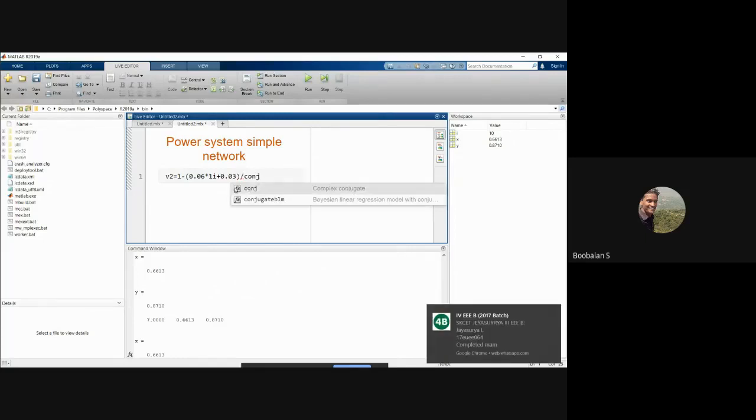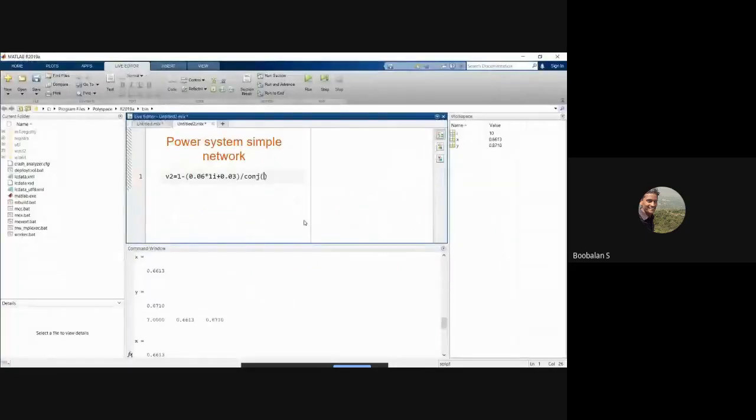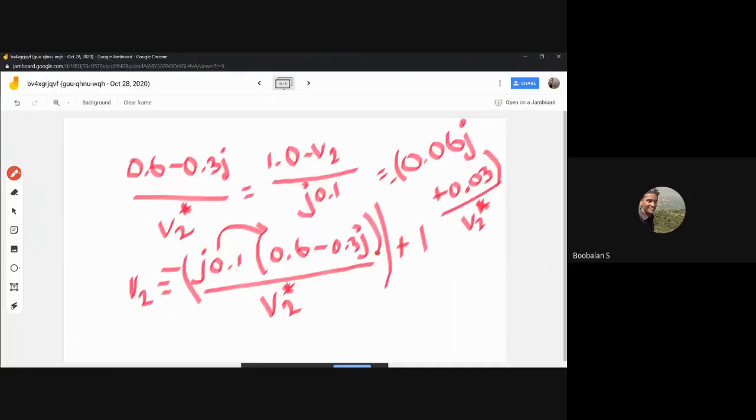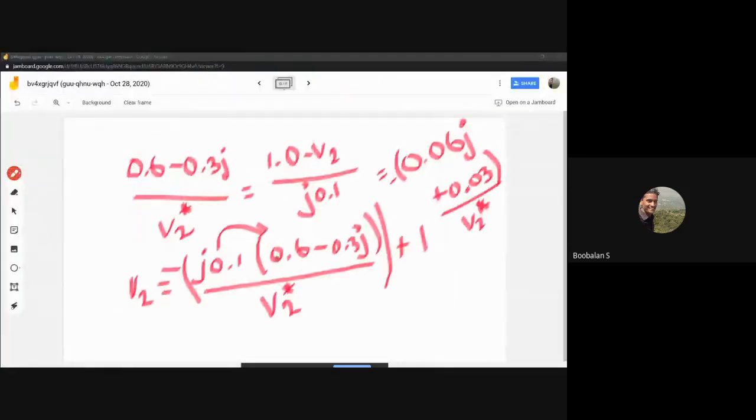Just as you type it, this function will be highlighted and it will show below. CONJ denotes the complex conjugate of V2. So V2 in brackets, right? This is the entire equation. Did you get the equation? And plus 1 we have already used over here, right? I gave plus 1 earlier. So V2 equal to 1 minus 0.06j plus 0.03 divided by conjugate of V2. This is the entire equation.